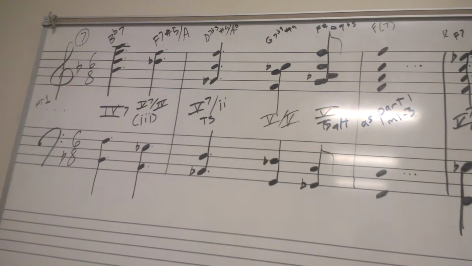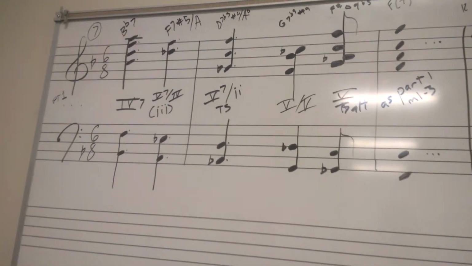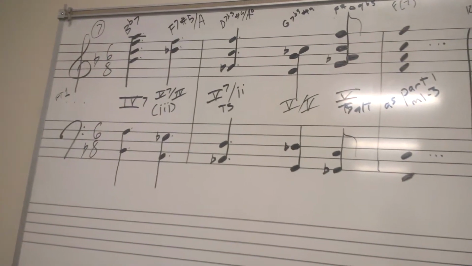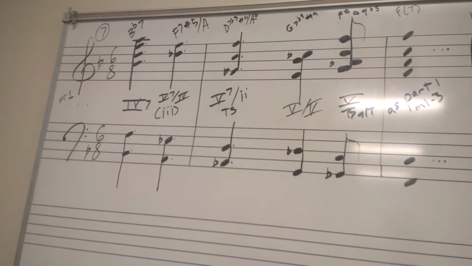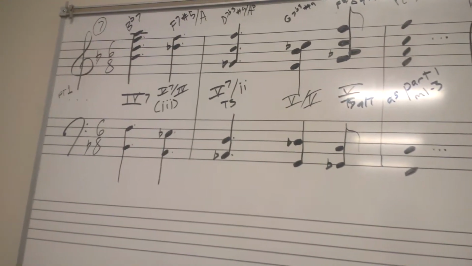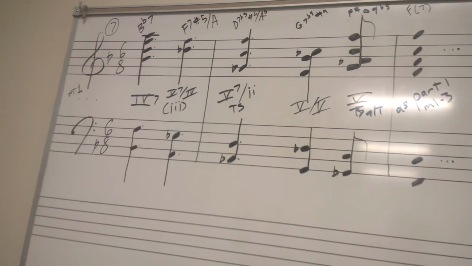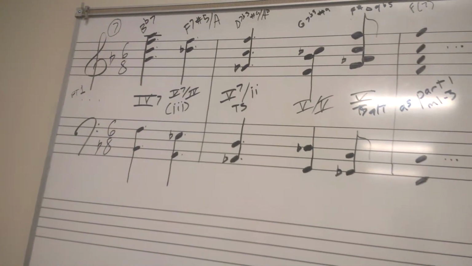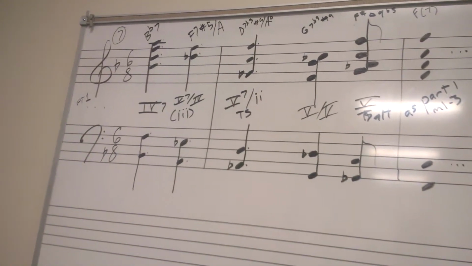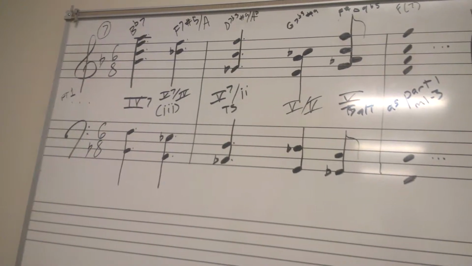Now, the A sharp is an enharmonic note with B flat, of course, you know that. But remember, in a dominant 7th chord, you have a tritone. Tritones can be substituted. So you have A sharp or B flat and E natural. If you flip that tritone around, you have E and A sharp, or E and B flat.